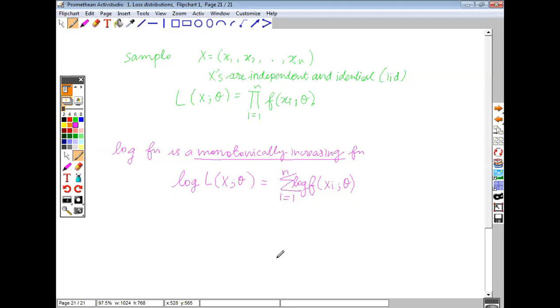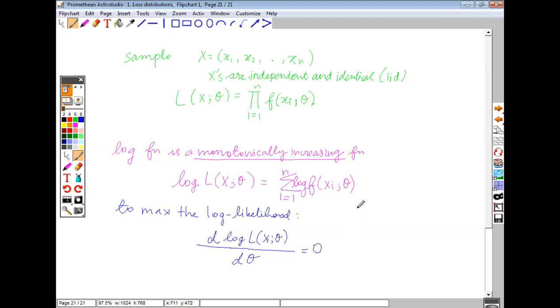Okay, so that was it. And now, to maximize the log likelihood, what you do is differentiate this log L with respect to theta and equate it to 0.